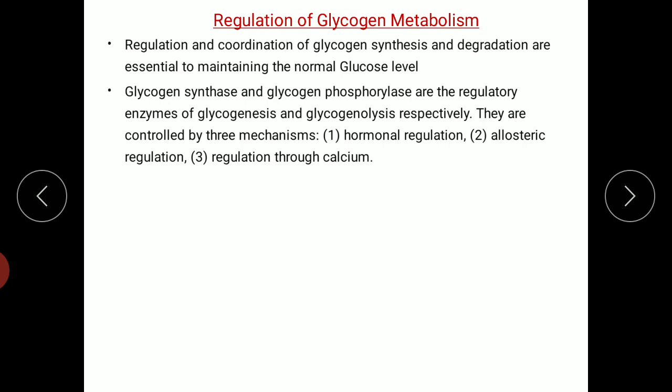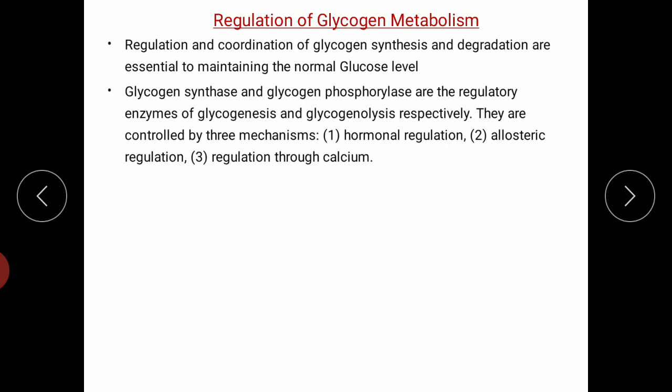So those enzymes through which the entire pathway can be controlled are called regulatory enzymes. In case of glycogen synthesis, glycogenesis, the regulatory enzyme is glycogen synthase, and in case of glycogenolysis, the regulatory enzyme is glycogen phosphorylase.